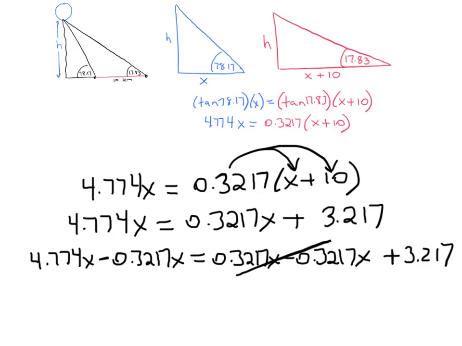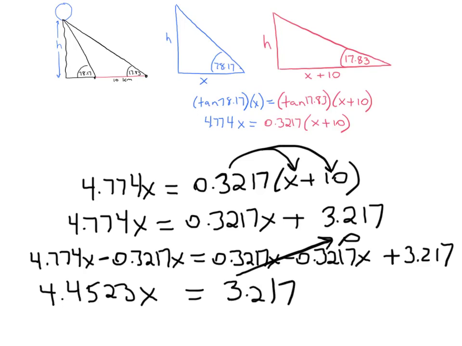Subtracting from this side removes it, and then if we subtract 4.774 minus 0.3217, we obtain 4.4523x is equal to 3.217.